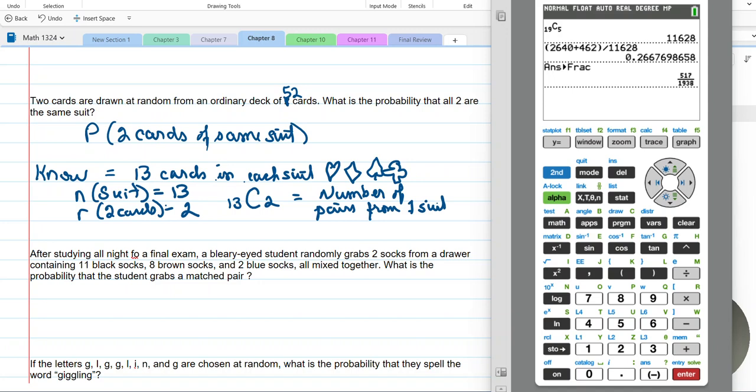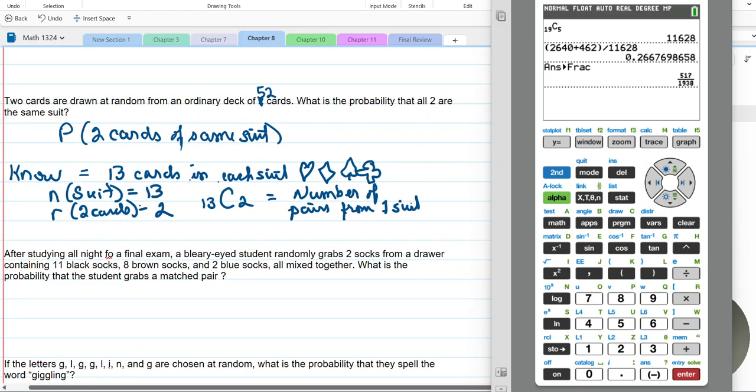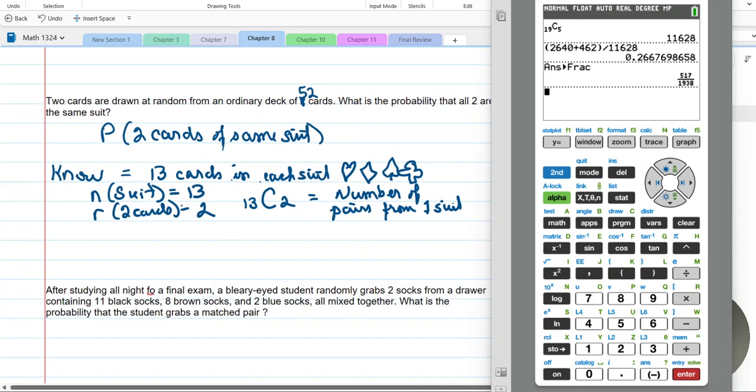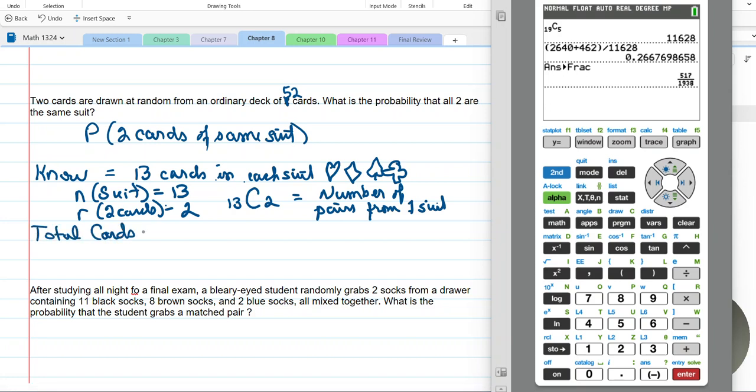And then for the bottom, we're going to have total cards is 52. And we want to know how many pairs we can make. So that would be 52 choose 2 for our total sample space.